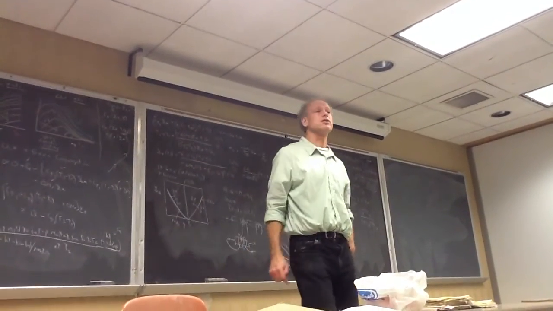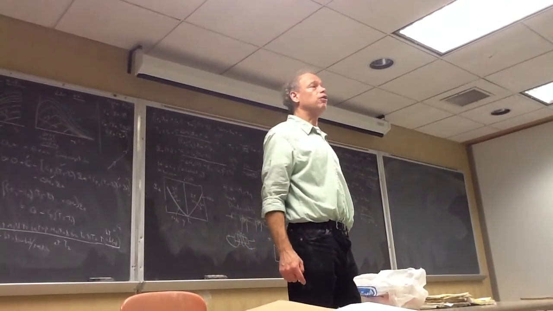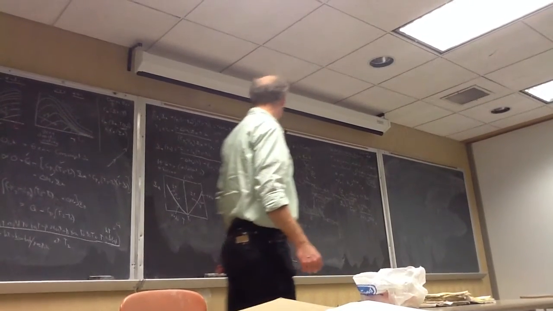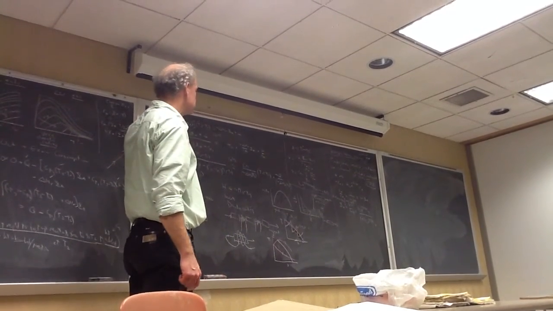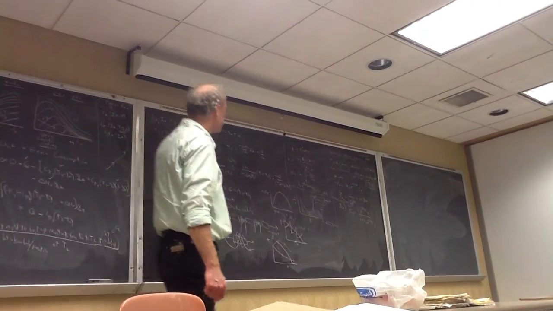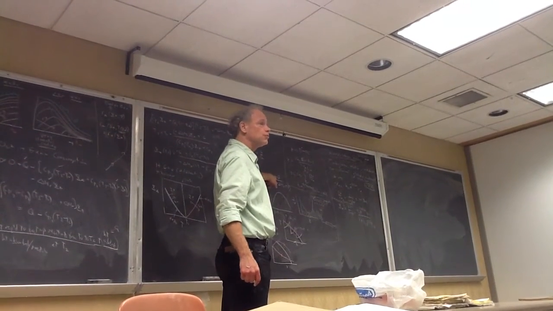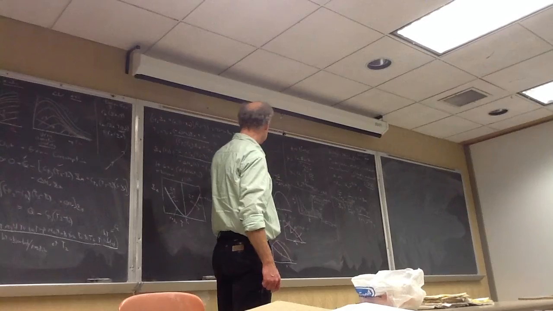Is that clear, what I've done so far? But we also have another expression for XA from the enthalpy balance. Here it is. And here, Q is 0. Get it? There's no Q. So I just have this.